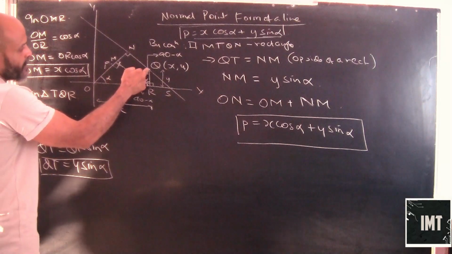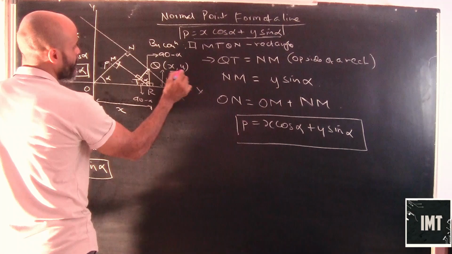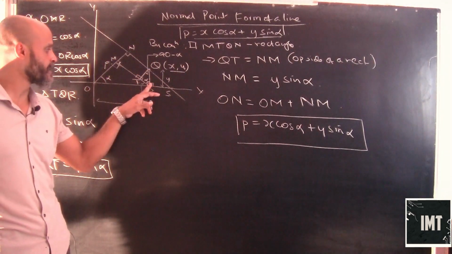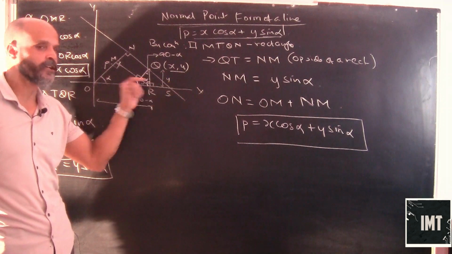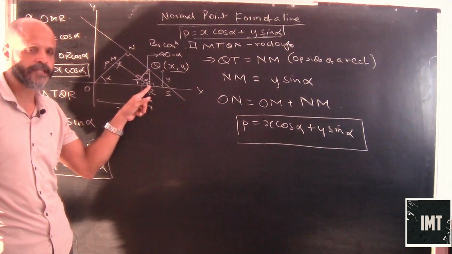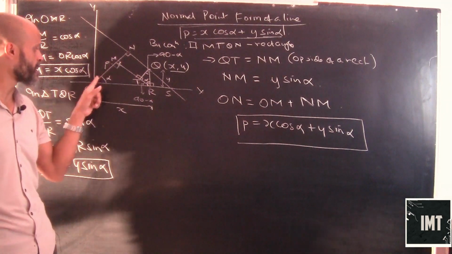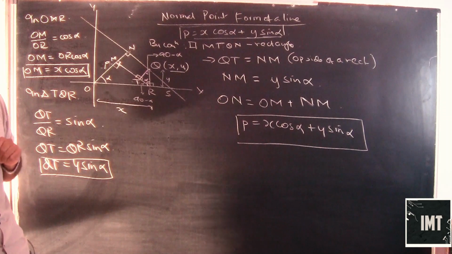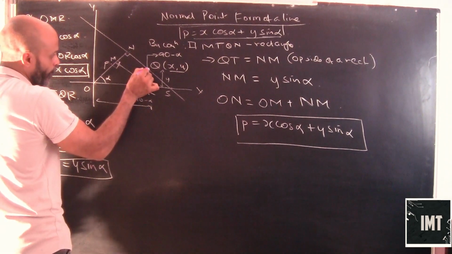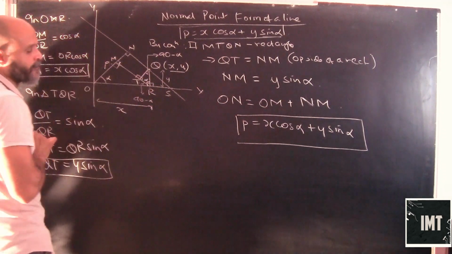What we do is we take an arbitrary point Q, x y, which falls on this line. Now obviously if we draw a perpendicular, the length of this perpendicular will be y. From the foot of this perpendicular to the x axis we draw another perpendicular which intersects at, let's say, a point M. Now from Q on this line RN we drop another perpendicular.